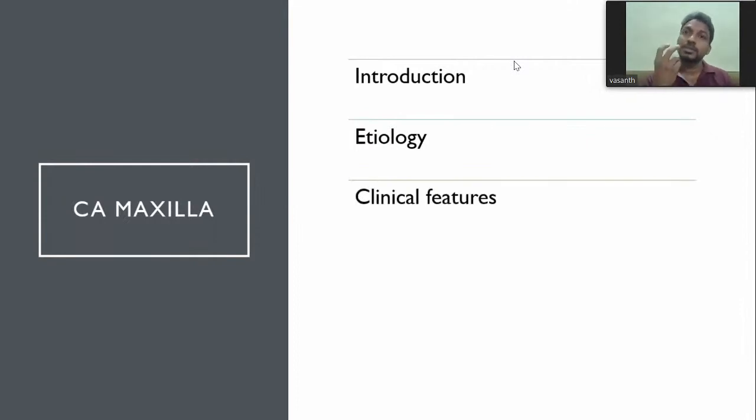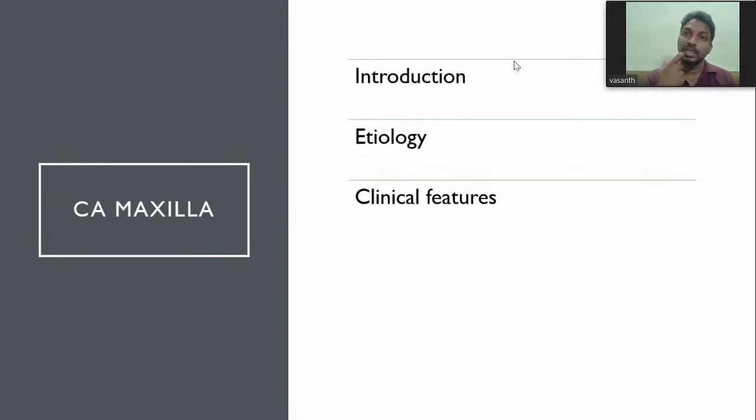A mass in the maxillary sinus, what would it cause? Sinusitis. Okay. When it comes out through the cheek, it can invade the nerve here, so you get numbness over the cheek, or you can get a swelling over the cheek. When it goes posteriorly, or when it involves the lateral wall of the nose, you have sinusitis features, and then pain.